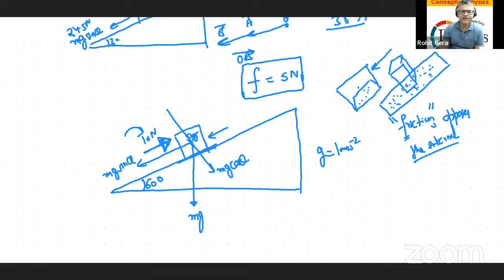It is always in reverse of the tendency of the block. My question to you is, if I'm pushing it upwards with my hand, what is the net force being experienced by the block?